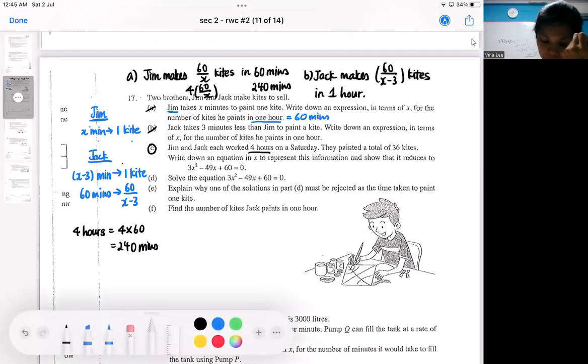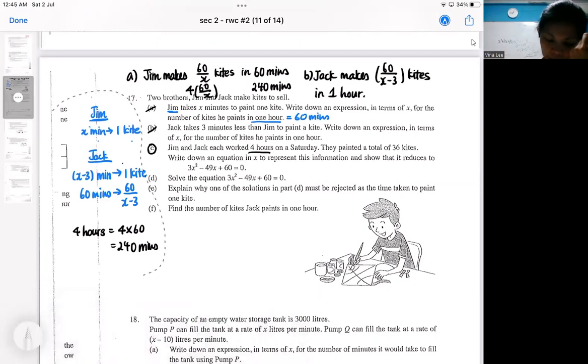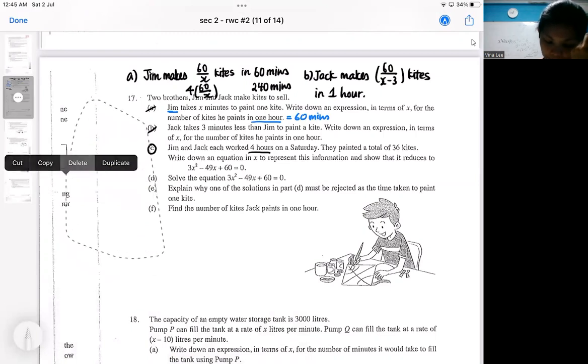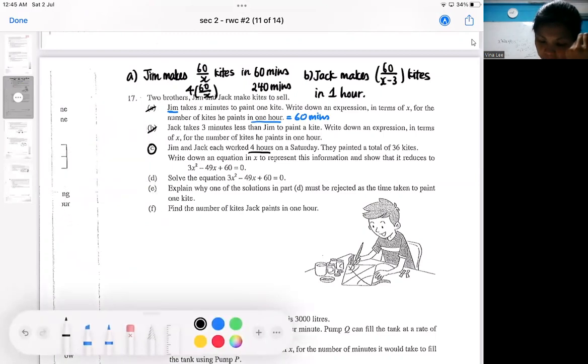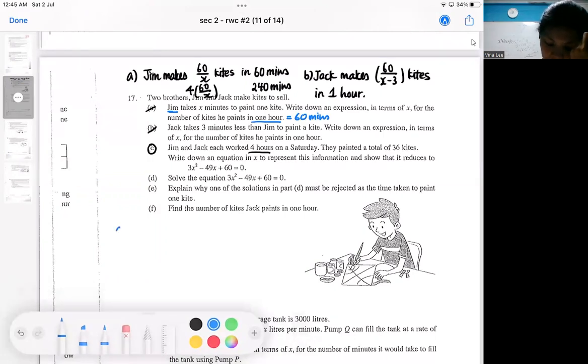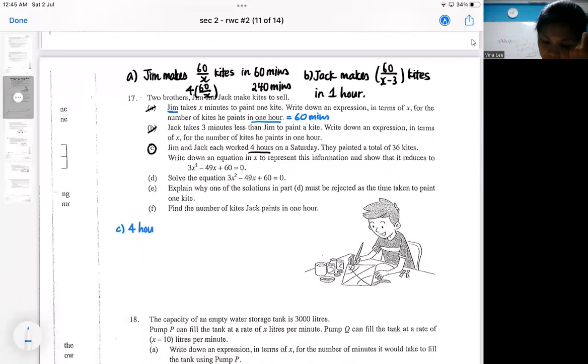I'm going to erase this part so that we get a bit more space. So in 4 hours, Jim will make 4 times as much. This one will be multiplied to the numerator, 240 over X number of kites.